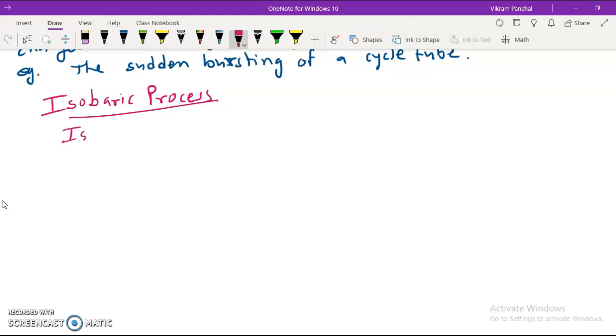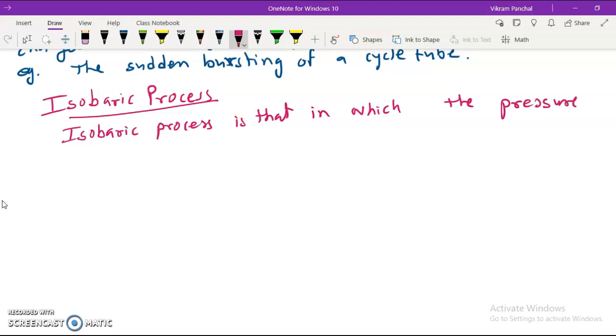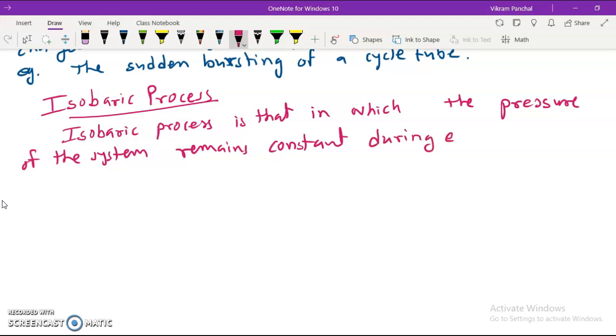So isobaric process is that process in which the pressure of the system remains constant during each step of the change in a state of a system.